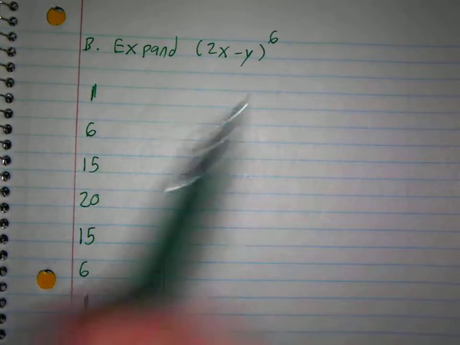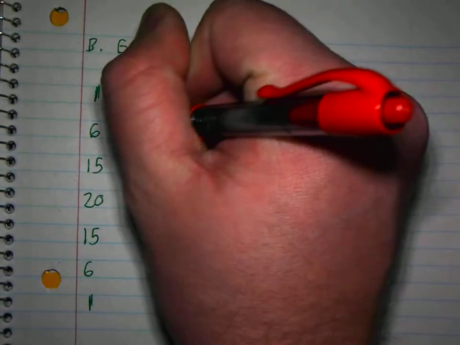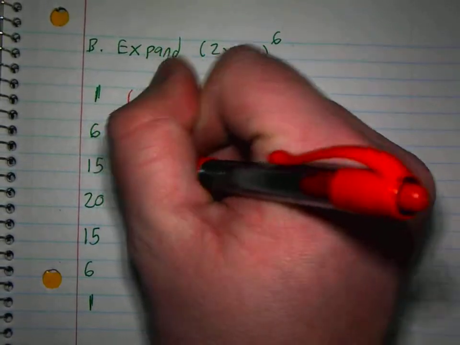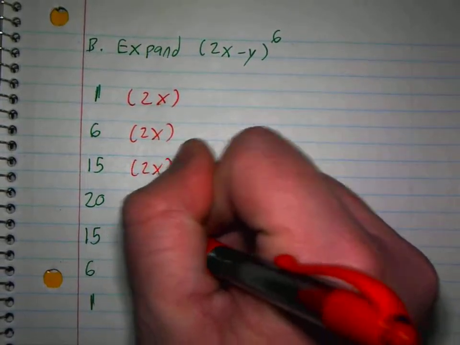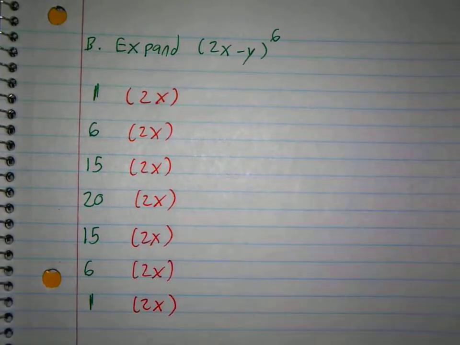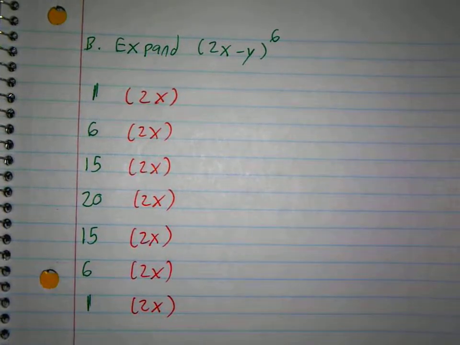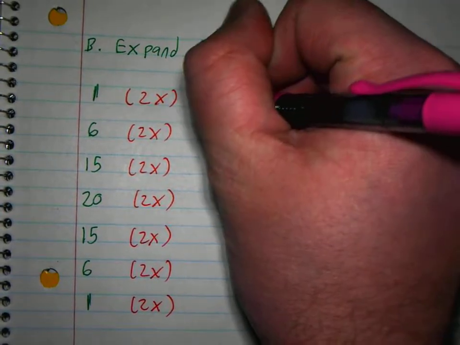Now my second step is to take the first term, 2x, and just copy that all the way down. And then you're also going to copy the second term, which is y, all the way down.